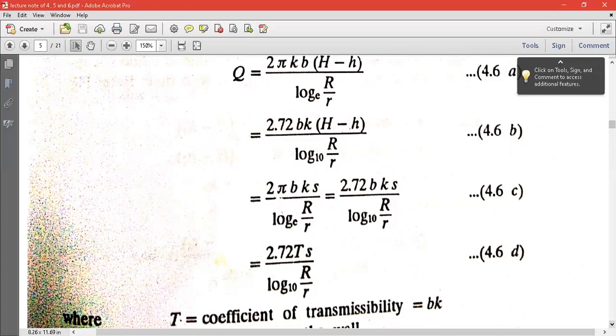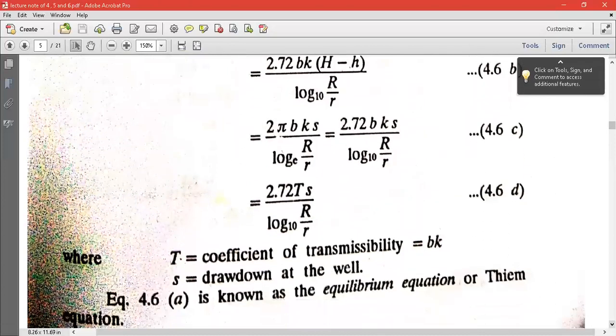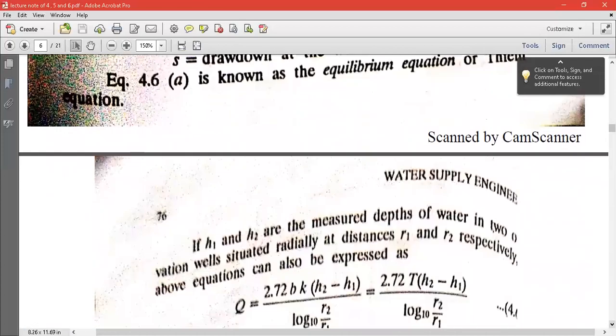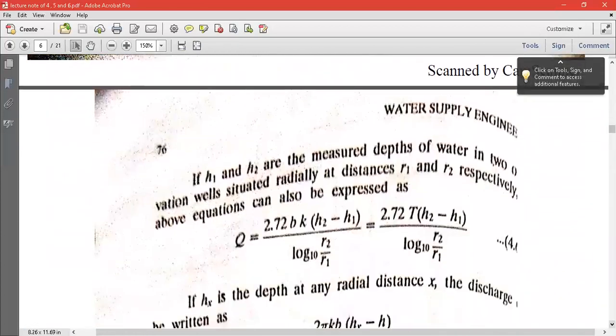So I have simplified the formula, omitting various terms and converting into a short form: Q equal to 2.72 T S divided by log 10 (capital R by small r). And the abbreviations I am using already tell what is T, what is S, what is capital R, what is small r.